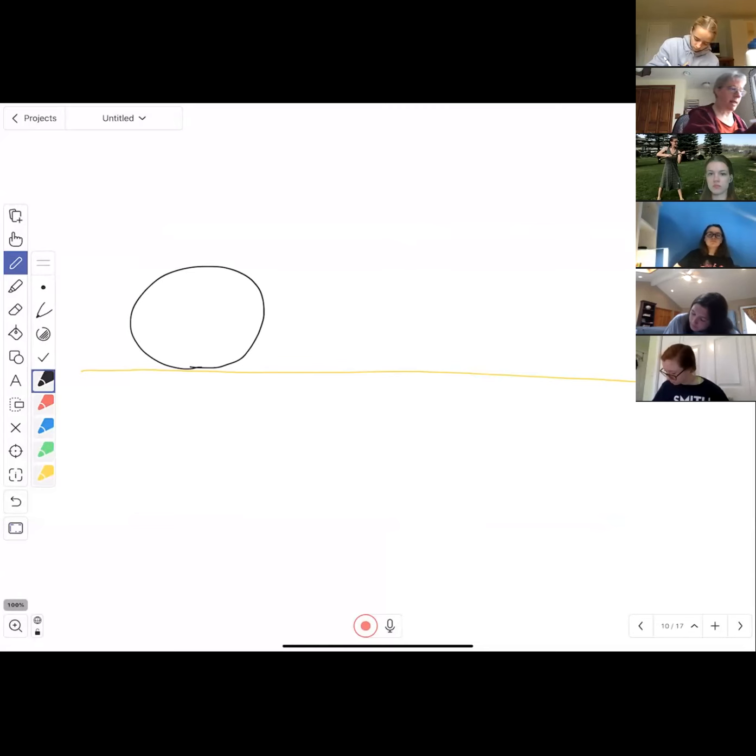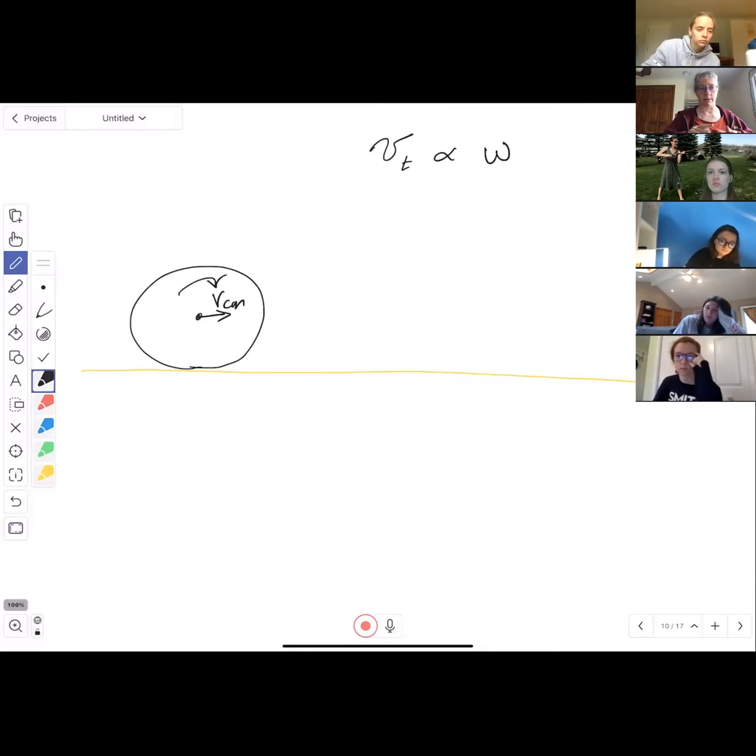So your intuition tells you that the translational velocity, like the velocity of the center of mass point here, should be at least proportional to omega for the wheel, in the sense that if the wheels are going faster, the velocity is going to be bigger, right? The wheels are going slower, then the whole thing slows down. So it should be proportional.